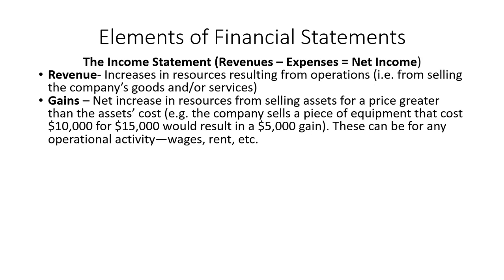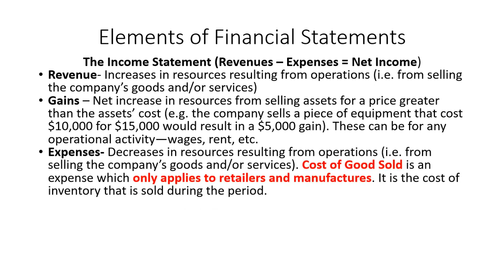There are other places we can get a gain, but most of them result when you sell an asset at a price greater than the asset's cost. And here I give you an example. A company sells a piece of equipment that cost $10,000 for $15,000. You'd have a $5,000 gain, and that has the same impact on our net income as revenue, but revenue is from operations.